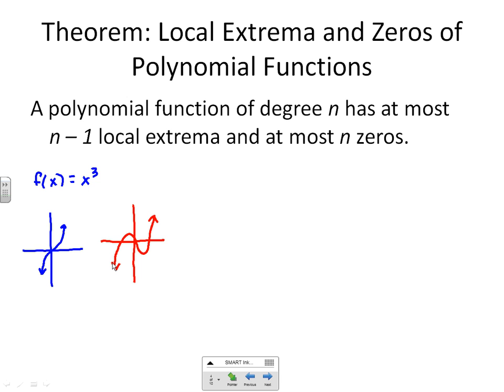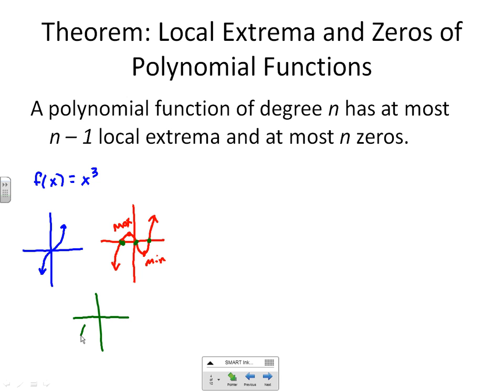Okay, something that looks like that. This would have a max right there. It would have a min right here. And then it has 3 zeros. 0, 0, 0.